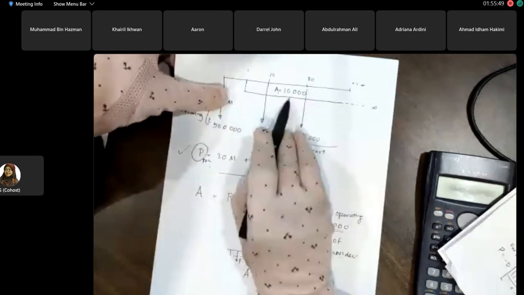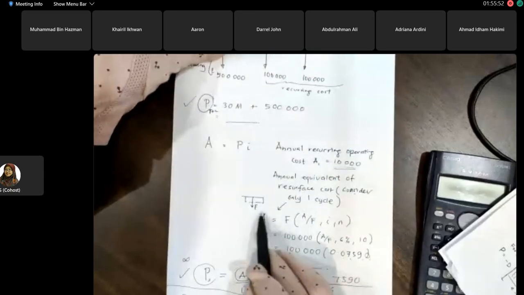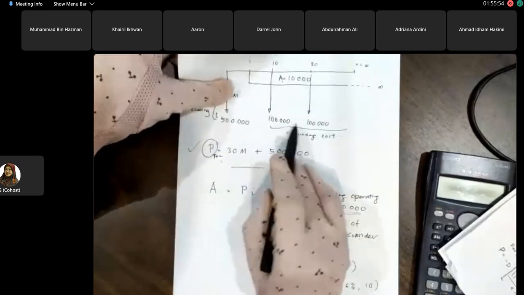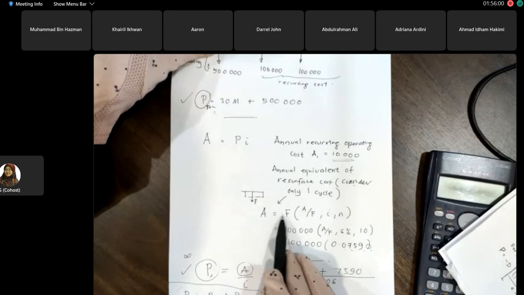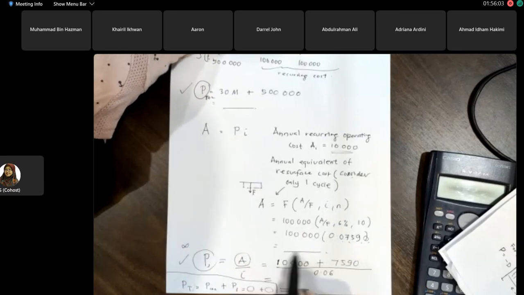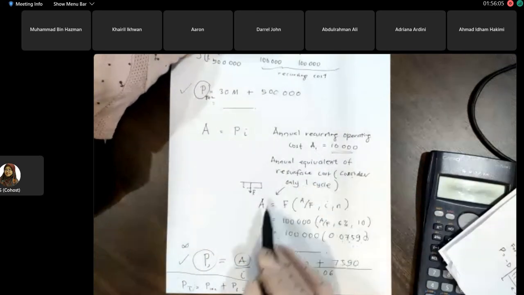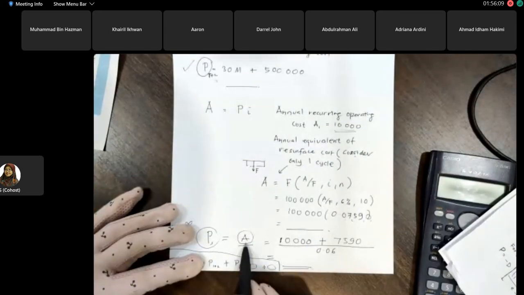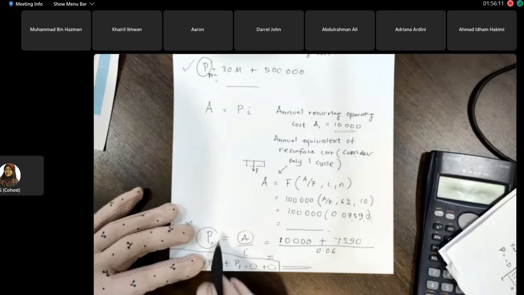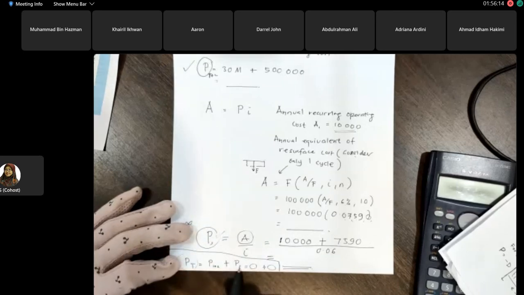The A of 10,000 ringgit, and then the A for the recurring, you have to consider this one is F, then convert to A, A equal to F. So you get the answer here. So you have to find these first. Then you get the P3. Then only you can add this, the first one with this converted A. Can you understand?